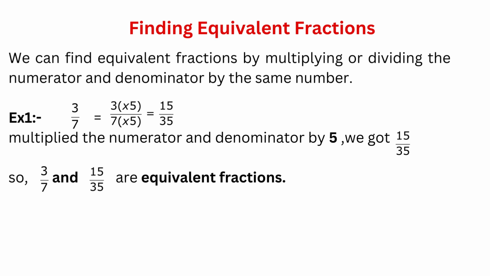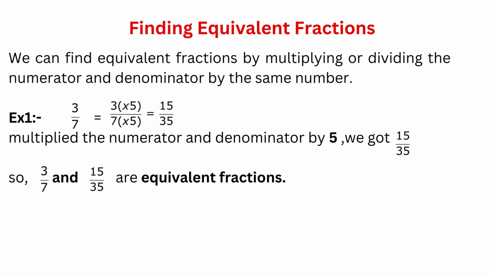Finding equivalent fractions. Equivalent fractions means even though they look different, the value is same. We can find equivalent fractions by multiplying or dividing the numerator and the denominator by the same number. Let's take the fraction 3 by 7. Here we are multiplying the numerator and denominator by the same number.